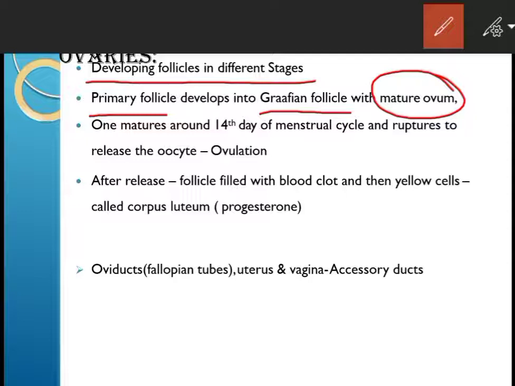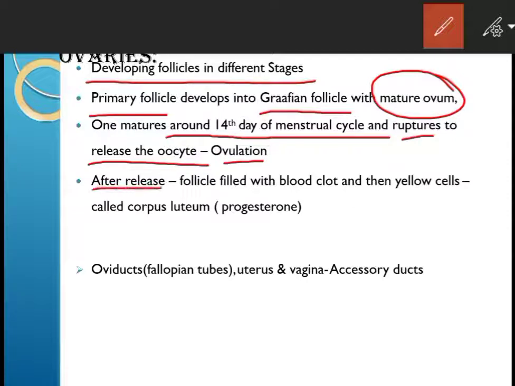The follicle matures around the 14th day of the menstrual cycle and ruptures, means breaks, to release the oocyte, that is ovum, and the process of release of ovum from the Graafian follicle is known as ovulation.